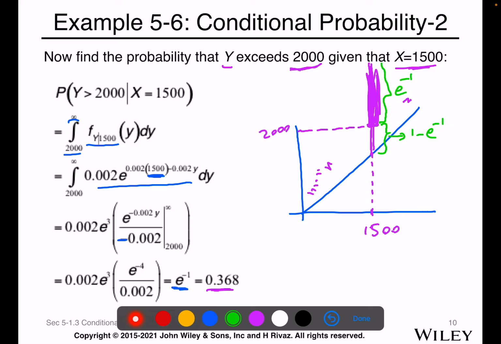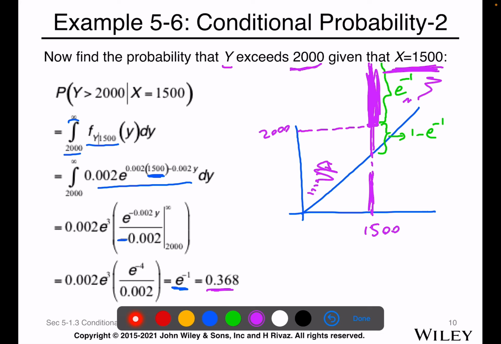Why am I not here, or here? Because I conditioned the problem on x being 1,500. So for sure, I know that I'm somewhere on this line. Any questions?